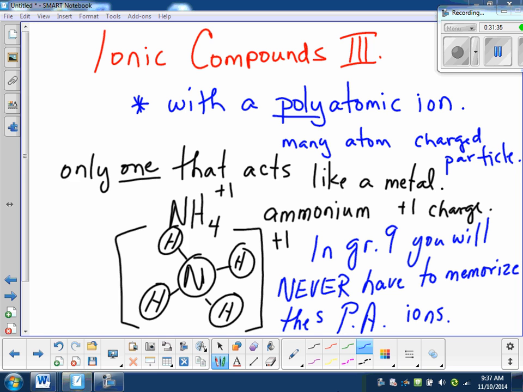You'll always have a chart to use. Anytime that I assess you on how to use these, you can refer to a chart. You won't have to memorize that NH4 +1 is ammonium. It's a good idea to memorize them because it makes life easier if you stay with chemistry. But in grade 9, you'll never have to memorize them.